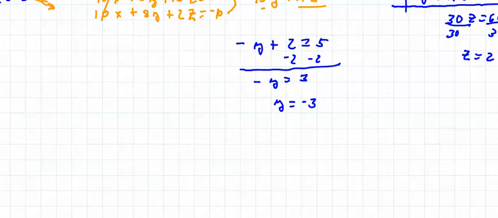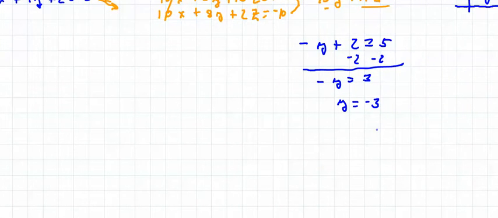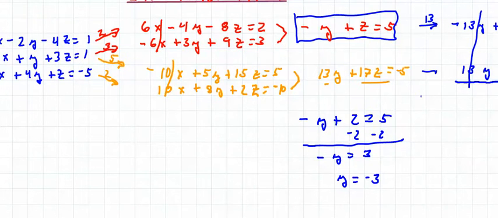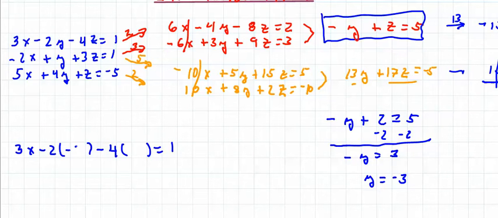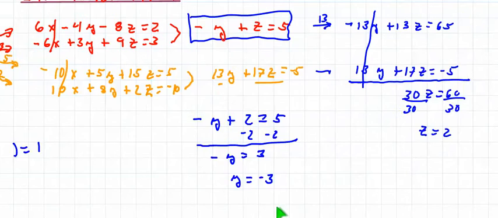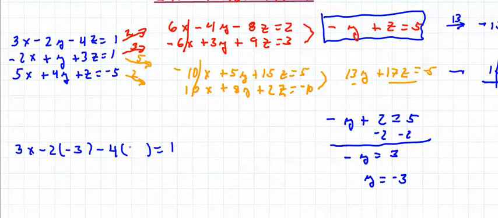So, last thing we have to do now is find out x. So we go back to our original equations, or any equation that has an x, and I'll use the top equation. So we have 3x minus 2 times y minus 4 times z equals 1. Y is negative 3. Z is positive 2.